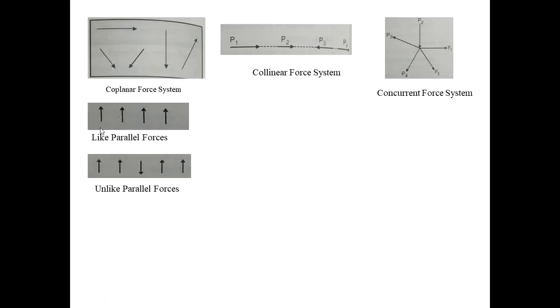Like parallel forces means all forces are parallel to each other and going in the same direction. And unlike parallel forces means all forces are parallel to each other but opposite in direction. Out of these five forces, four forces are going in the upward direction and one force is going in the downward direction. This system is called unlike parallel forces.